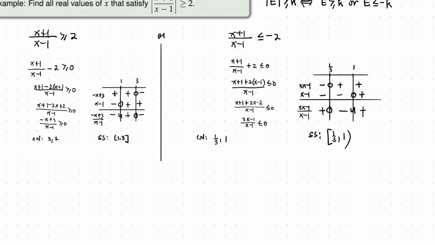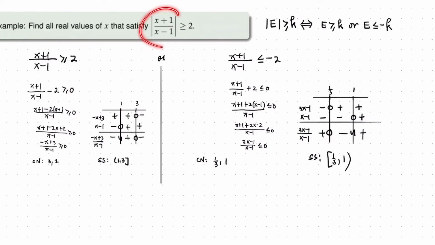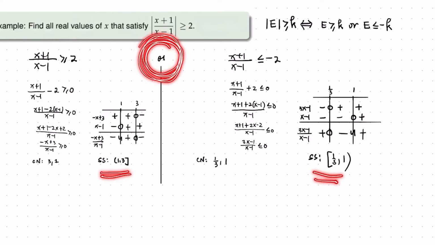And now, to find the solution set of this absolute value inequality, you have to get the union of the solution sets. Kasi or yung conjunction natin dito. Kapag or ang conjunction, you get the union.